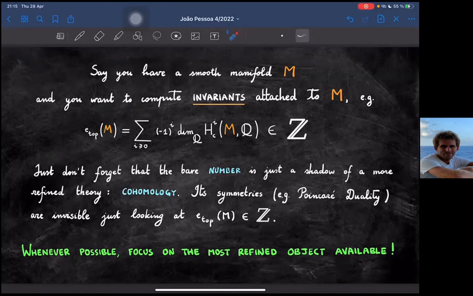You see, Euler characteristic is computed out of cohomology, and this is a more refined structure which carries symmetries which become invisible if we just focus on the number. For example, Poincare duality is a property of cohomology groups. So the lesson is whenever it's possible, do not forget, but rather focus on the most refined object available.